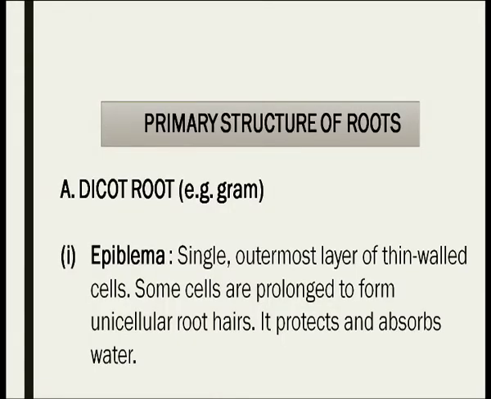Now let's talk about what is the inner structure of these roots. What kind of tissues make a root? So we will talk about dicot roots and the monocot roots, and we'll try to understand the difference between two types of roots. So generally what we do is we take a root and we try to cut it transversely and take a very thin slice of the tissue and try to see it under microscope.